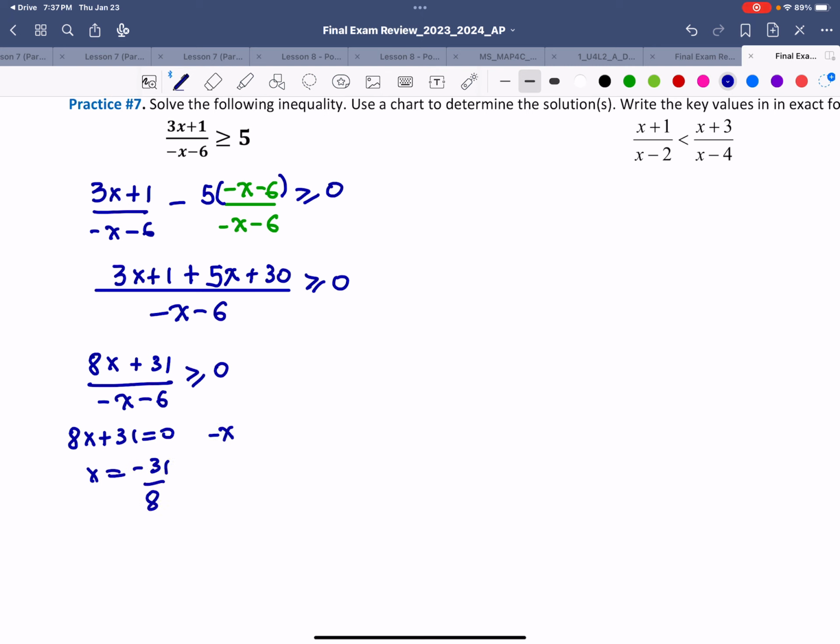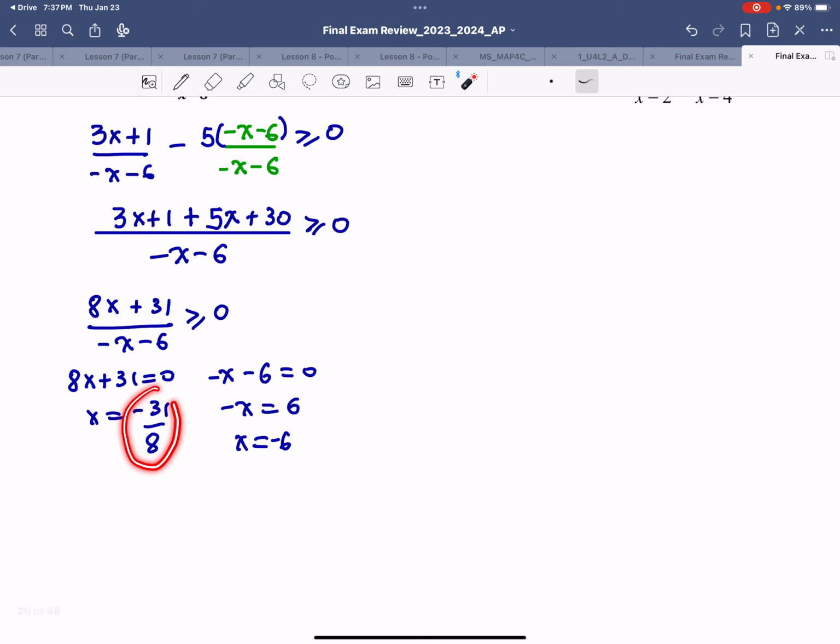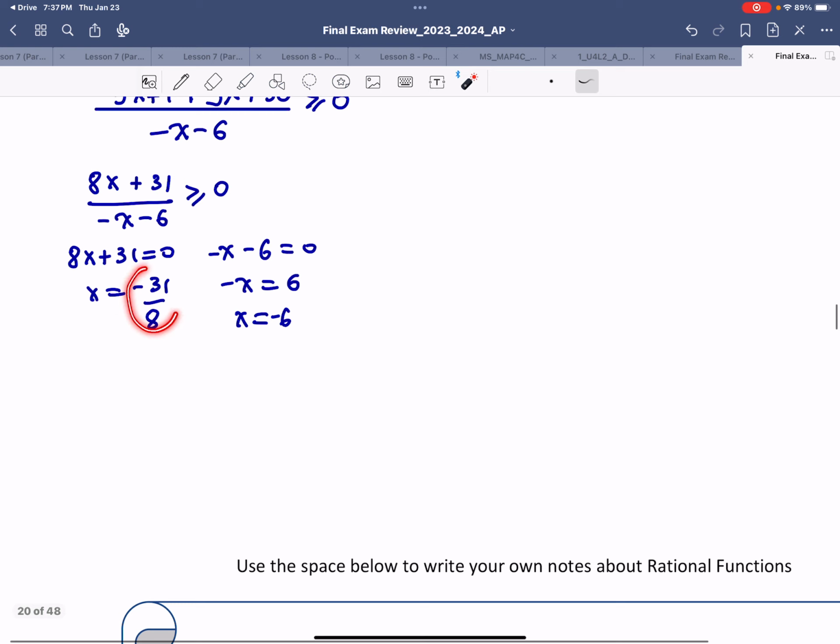The denominator is negative x minus 6, and that would be equal to 0 when x is negative 6. So there are two critical points, or two zeros, in this entire rational expression. And when we say zeros, we mean the zeros of the numerator and denominator, or key values as we like to call them. And they are negative 31 over 8 and negative 6.